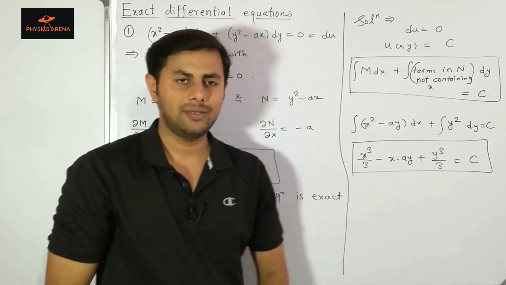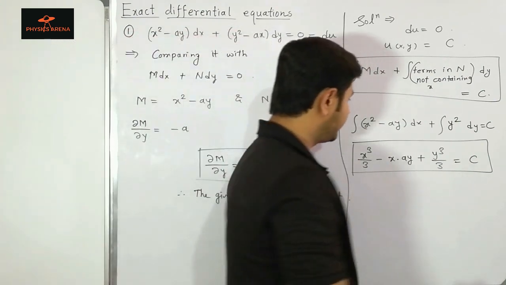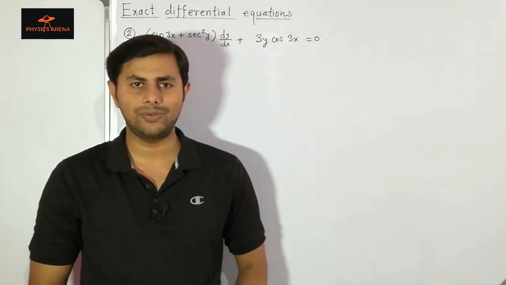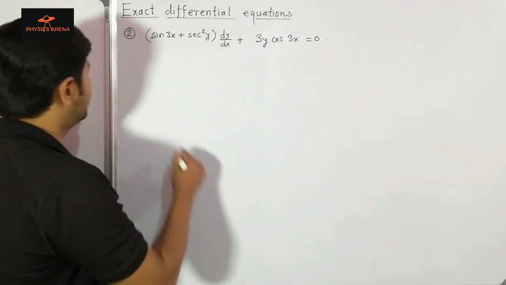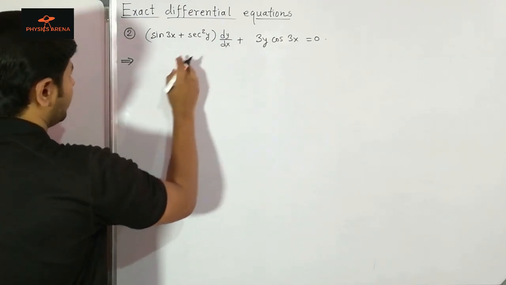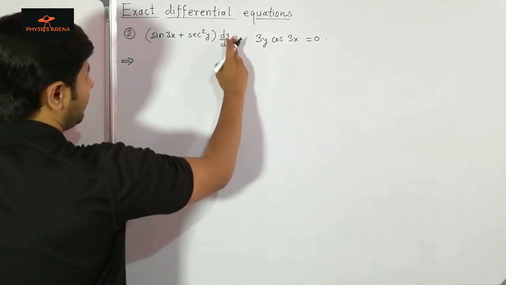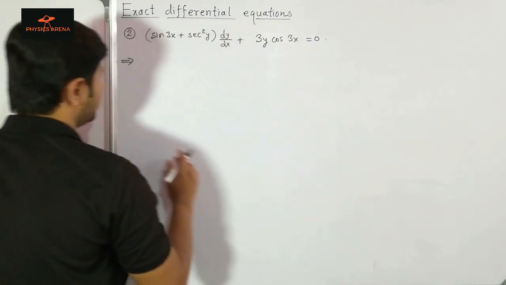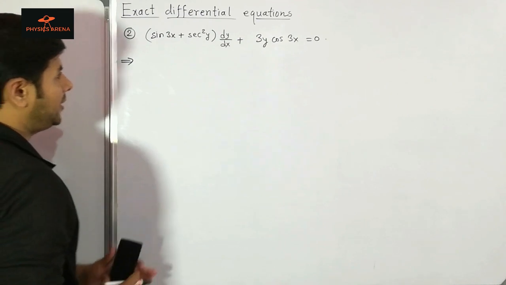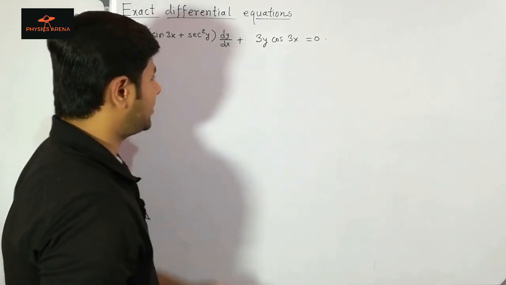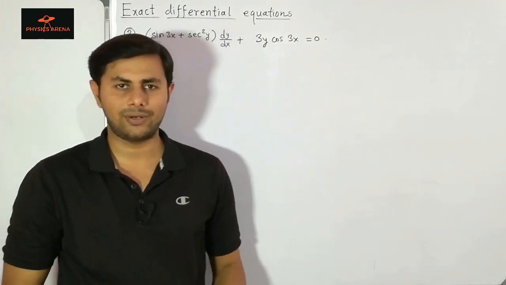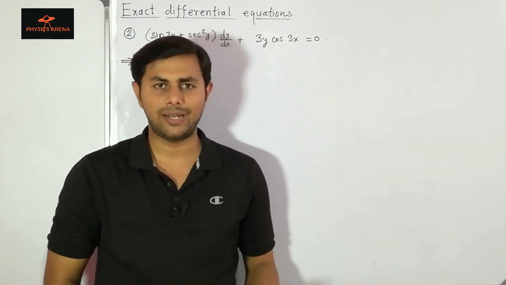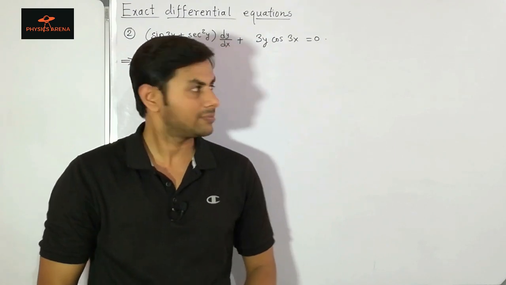Now let's see another problem. Now let us see problem number 2, and it is (sin 3x plus sec square y) dy by dx plus 3y multiplied by cosine of 3x equals to 0. Now we need to check whether this given differential equation is exact or not, and if it is exact, we will solve it by the method we just saw.